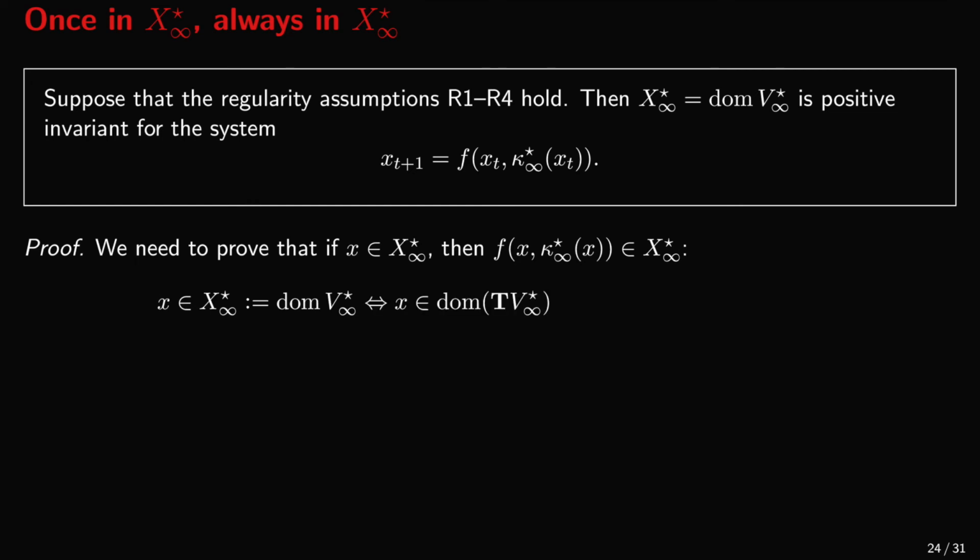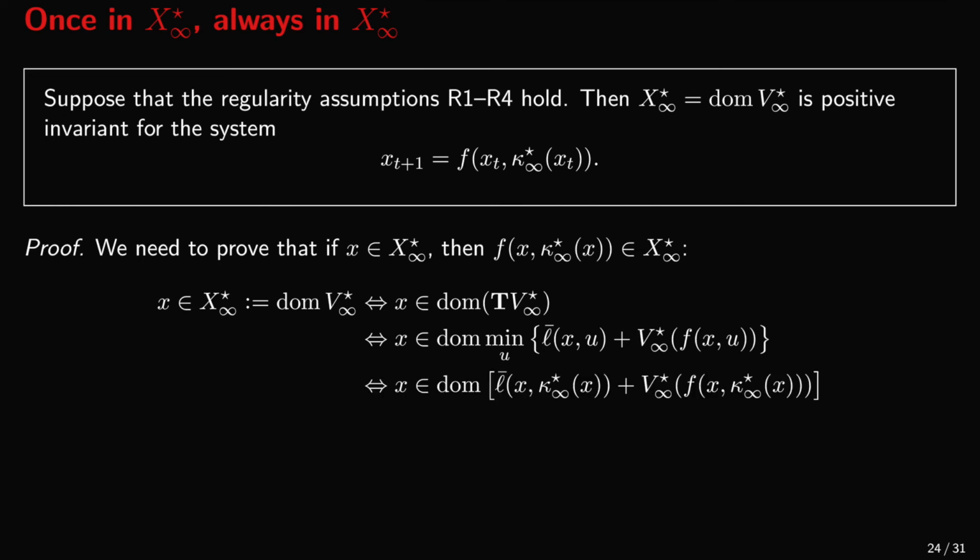This means that x is in the domain of T v infinity star, which is the same function by Bellman's equation. And we rewrite this using the definition of T. Since the regularity assumptions are satisfied, the minimum is attained at kappa infinity star, so we can plug in kappa infinity star and get rid of the minimum. Now this implies that f(x, kappa infinity star(x)) must be in the domain of v infinity star. And this completes the proof.